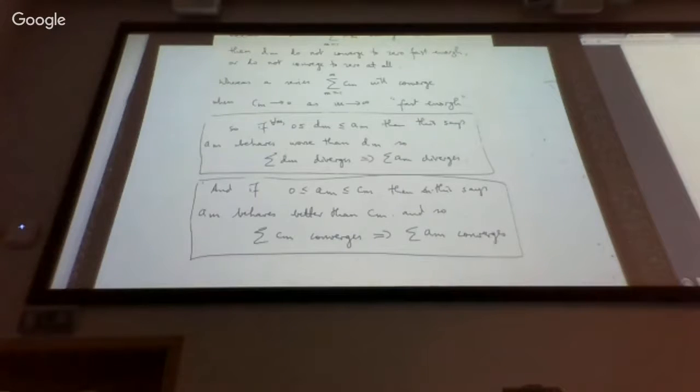So a_m would be approximately L times c_m, as you go far out along the series. And so if the series under question is behaving approximately like a fixed constant multiple L of a series that you know about, then it will have the same behavior as the series you compared it to.